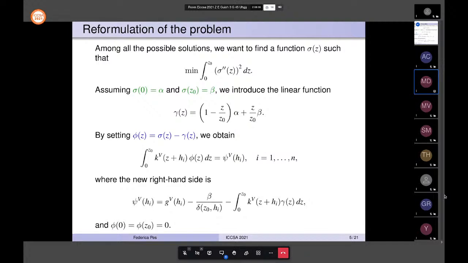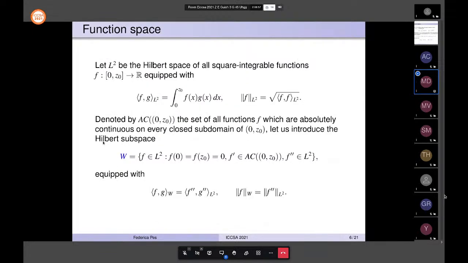Is this unique, or is there no way, or are there multiple solutions here? There are multiple solutions, and for this reason, we must introduce this basis W. Okay, I see. Thank you very much.